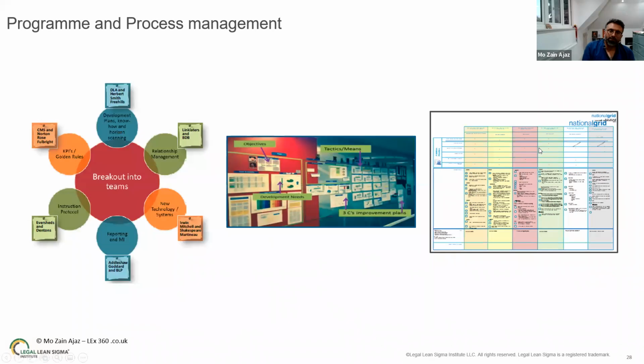So my next example, and actually here are the visuals of, when I said there were 6 projects, here are the 6 projects. Development plans and know-how was one of them, relationship management and new technology. So these are the law firms that were helping us deliver that. I had a visual management hub to make sure that it actually happened. And there was a whole load of checklists and who was doing what.